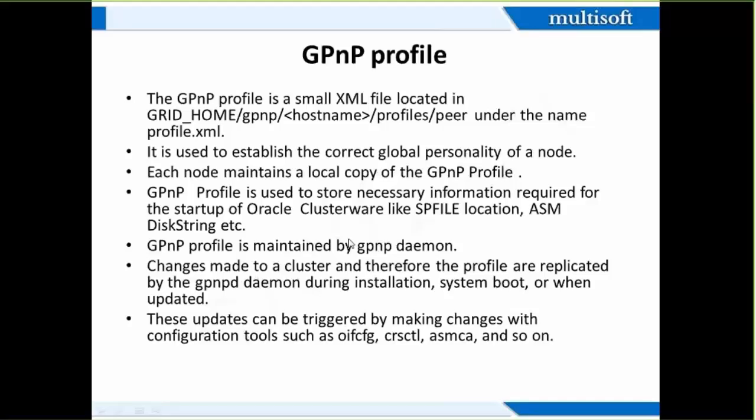The GPnP profile is maintained by the GPnP daemon. Changes made to the cluster, and therefore the profile, are replicated by the GPnP daemon during installation, system boot, or whenever you update your cluster. These updates can be triggered by making changes with tools like OIFCFG, CRSCTL, ASMCA, and SRVCTL.